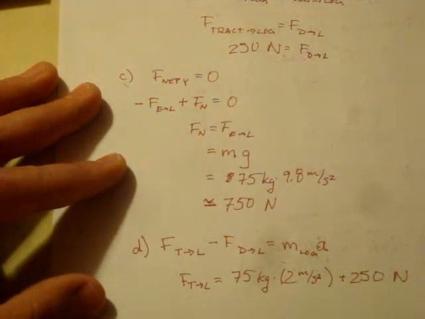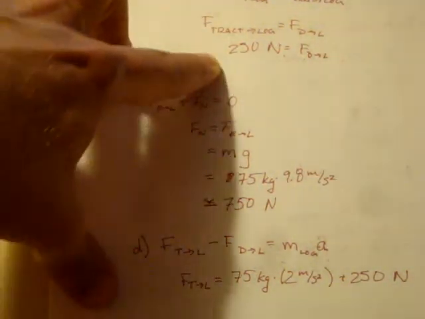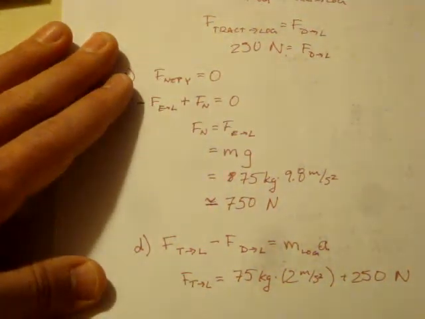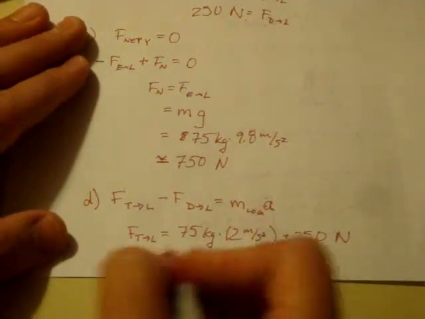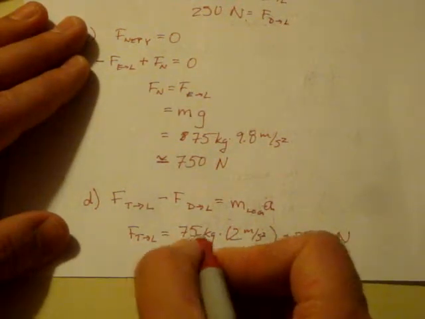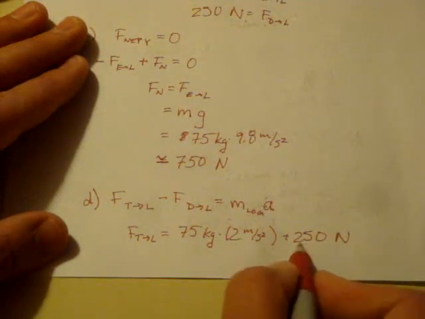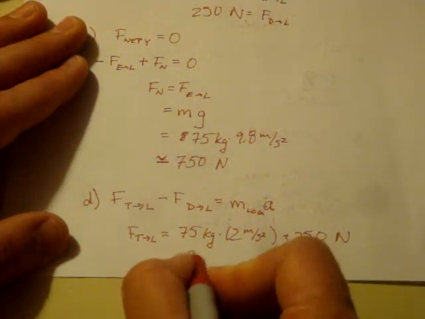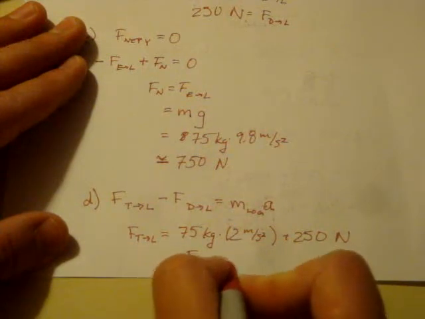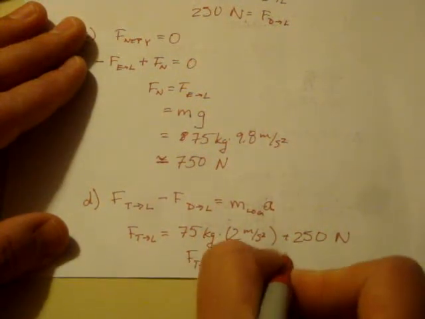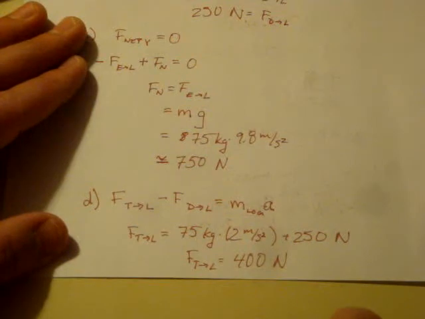That was our answer from part B above. There it is, 250 newtons. And we're getting to the end of our paper here, so I hope we can get an answer soon. That's basically 2 times 75 would be 150, plus 250 would be 400. So the force that the tractor needs to exert on the log needs to be 400 newtons in order to get an acceleration of 2 meters per second squared.